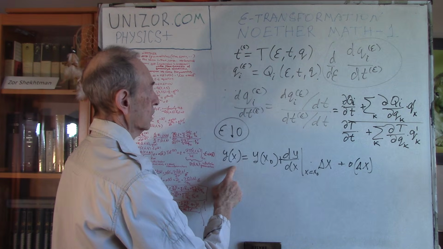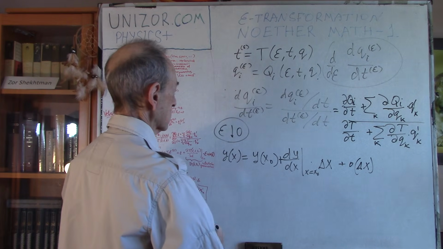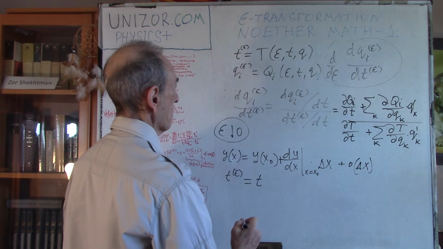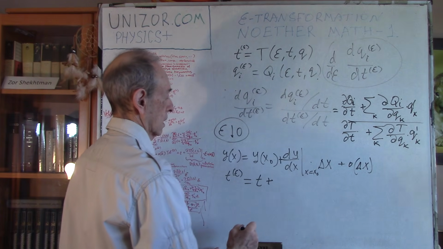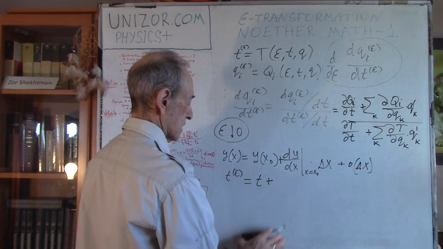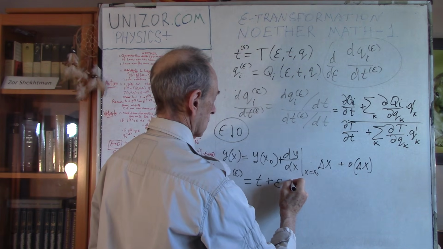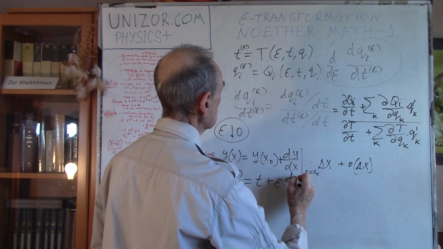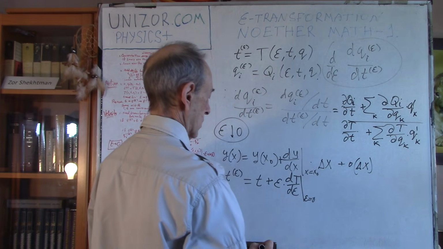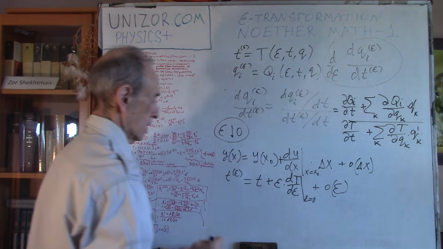My new value would be t of epsilon, my old value would be t, so I can put it this way: t of epsilon is equal to t plus delta x, in this case it's epsilon, because that's how my argument is changing, times dt by d epsilon at epsilon equals 0, plus an infinitesimal of higher order than epsilon. Am I right? Let me just think about it.